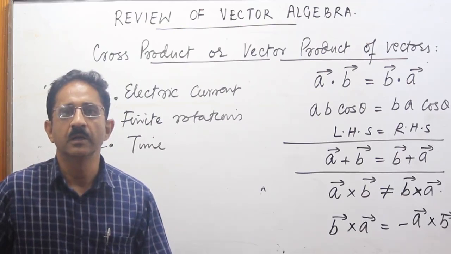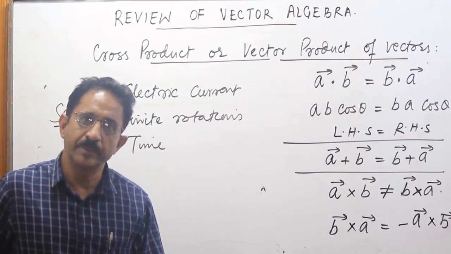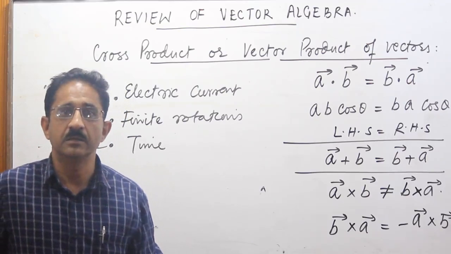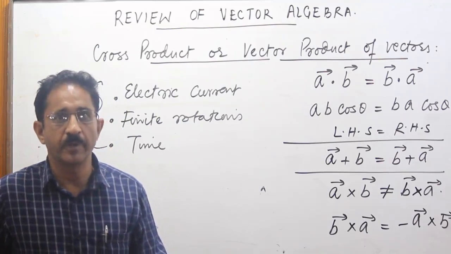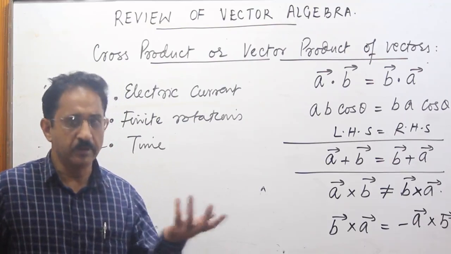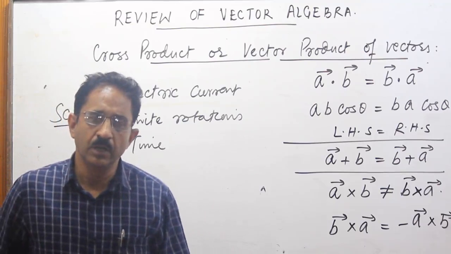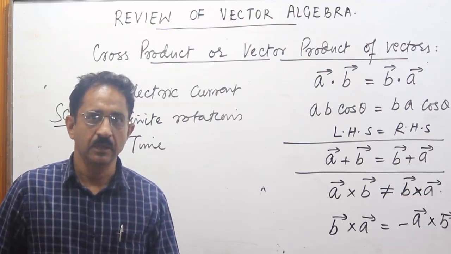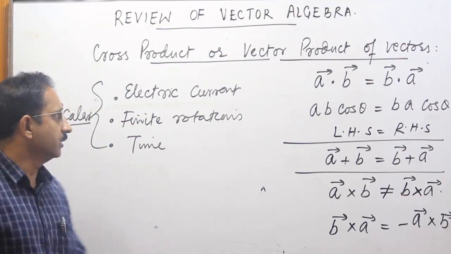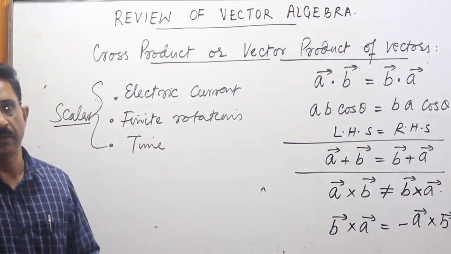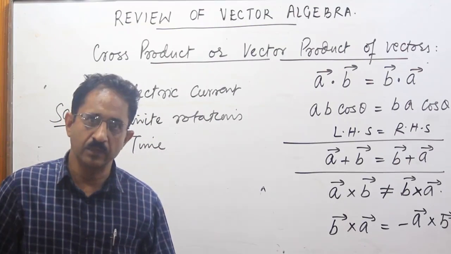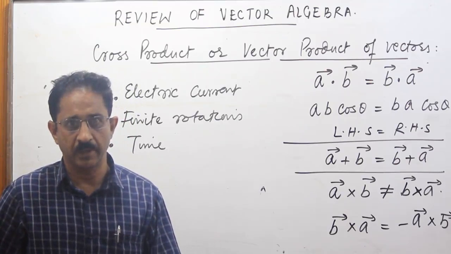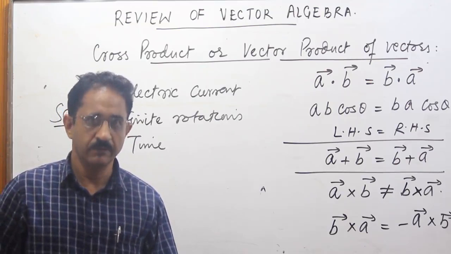So what is very important is that a physical quantity should be graded as a vector if it has magnitude, it has direction, and it obeys the rules of vector algebra, commutative property, parallelogram law, of which the commutative property is an outcome of the parallelogram law. So this must be obeyed, then only we can grade a quantity as a vector. Otherwise, it's not a vector quantity. In 3 examples को याद रखें. These are the examples of quantities having magnitude, having direction, but not obeying the commutative property or other properties of vector addition. That's why we don't grade them as vectors.